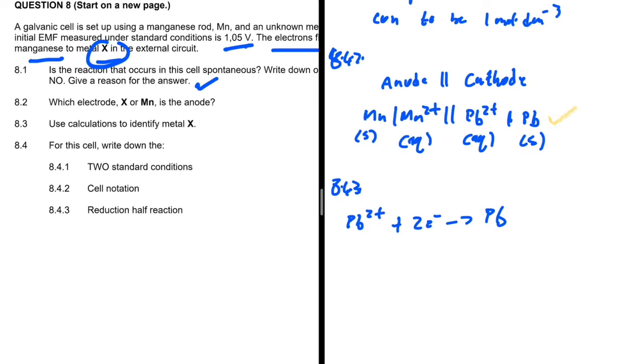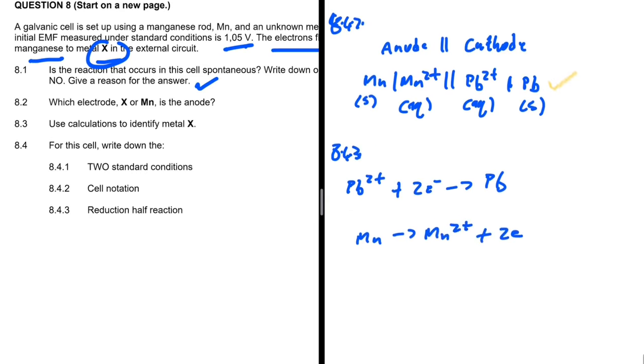If the question was looking for the oxidation reaction, we would have Mn giving off 2 electrons to become Mn2+. Then we can combine these two into the overall cell reaction: Mn plus Pb2+ giving us Mn2+ plus Pb. This will be the overall cell reaction.